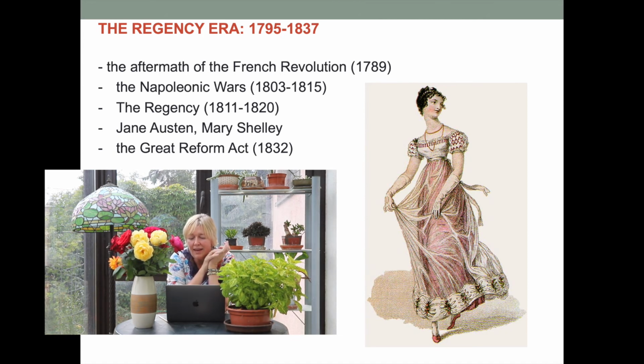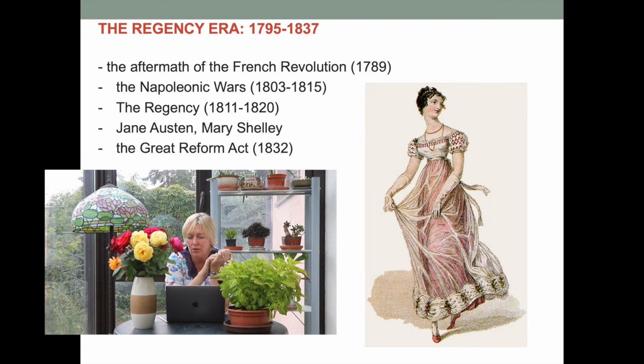Many interesting things happen here politically, like the Great Reform Act, which changed the voting system for the Parliament. We have a lot of interesting books being published, some of them by women, like all the novels of Jane Austen are happening in the Regency era, and also Frankenstein by Mary Shelley.